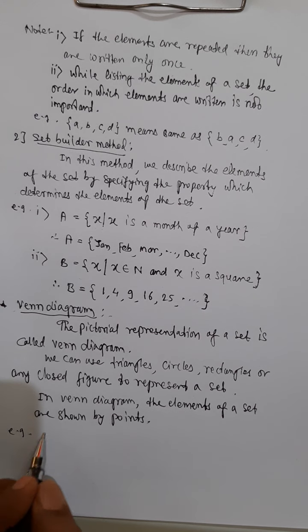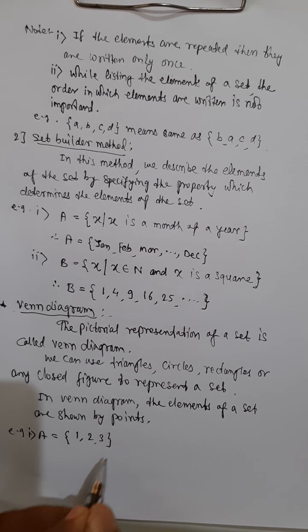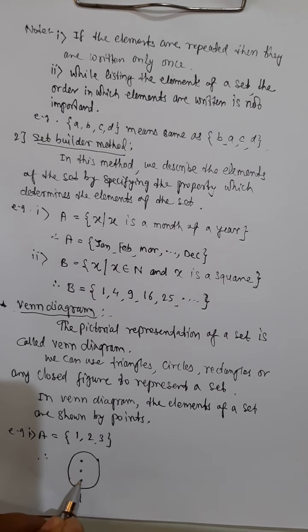For example, let set A contain three elements 1, 2, 3. So the Venn diagram is like this: set A, and we have taken 3 points.